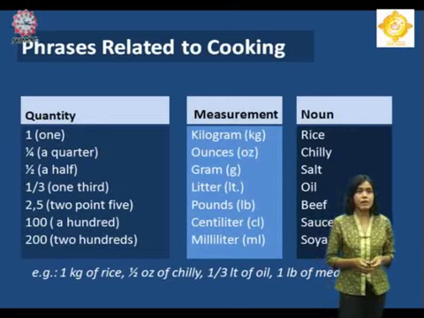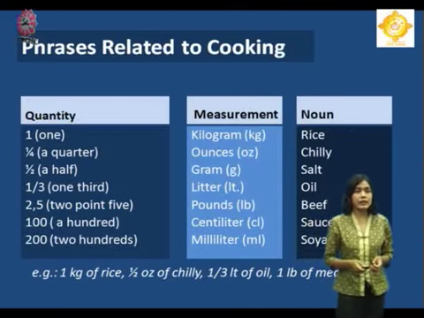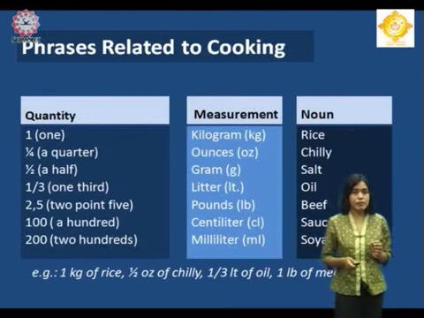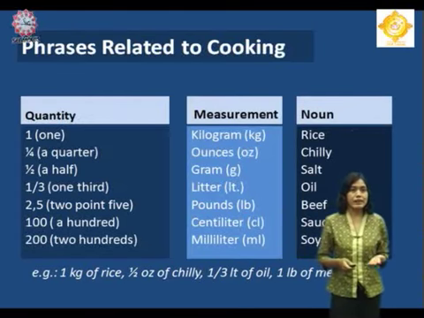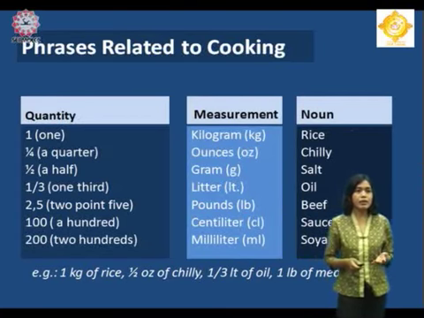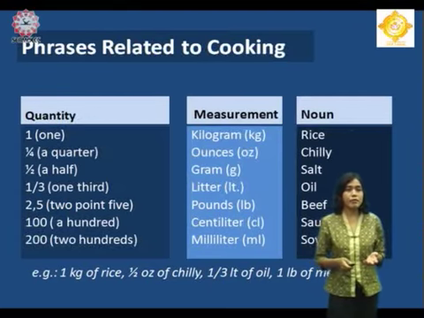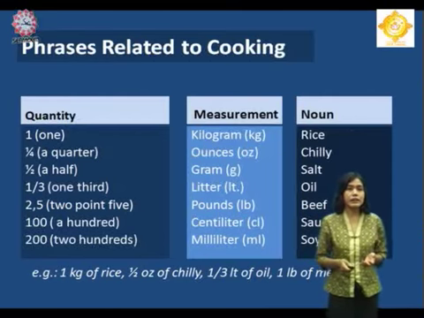Now, there are several phrases related to cooking. The first one is the quantity. The quantity is a number, the number of the materials that you need in presenting the dish. For example, 1, a quarter, a half, 1/3, 2.5, 100, 200.